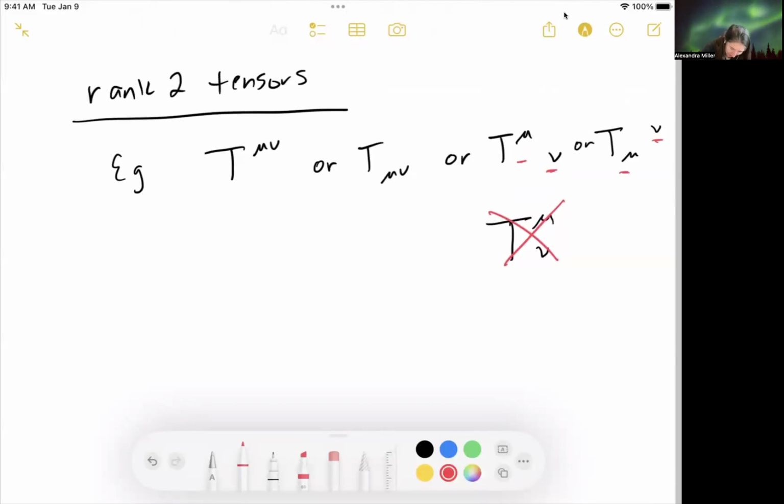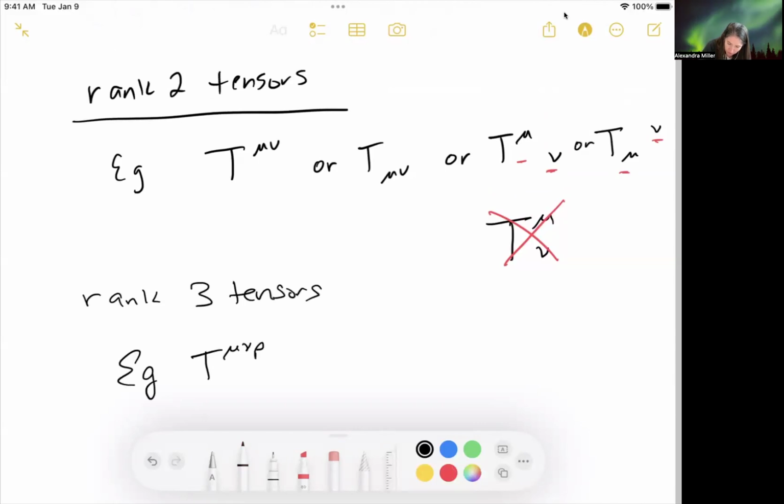So for completeness, we could also talk about some examples of rank 3 tensors. This might be T mu nu rho, or T mu nu where the rho is downstairs, etc. Right, those are objects with 3 Lorentz indices.